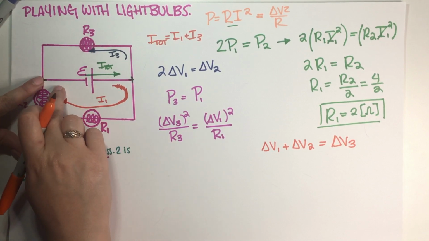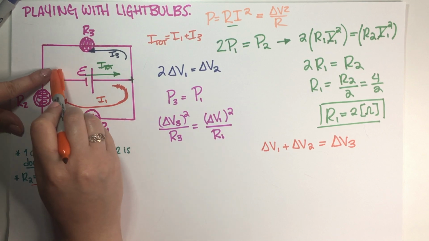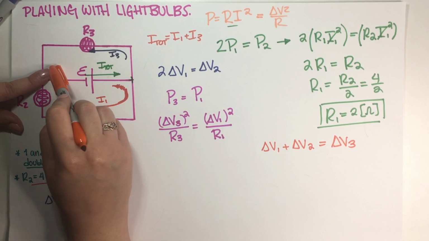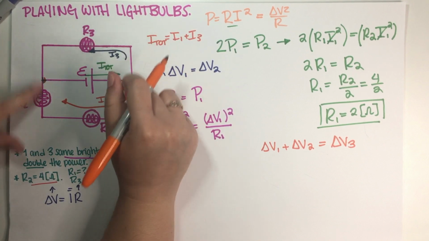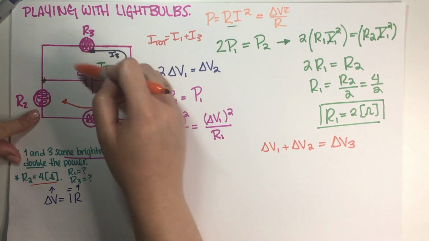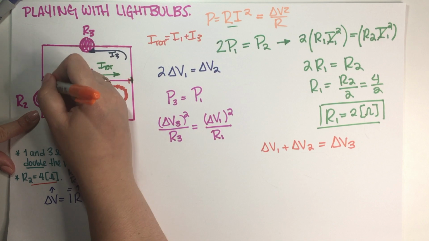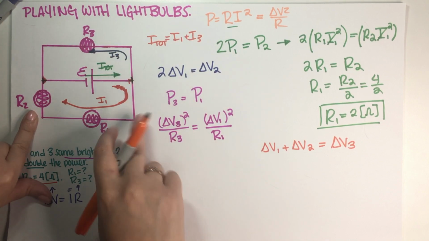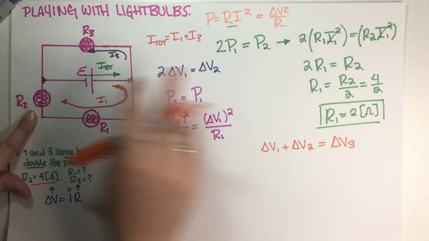Because you can use your loop rule on this lower branch, and you can use your loop rule on this upper branch, and you'll see that because these two branches are in parallel with each other, they start at the same junction and they end at the same junction, then they need to add up to the same voltage, which would be the battery actually.